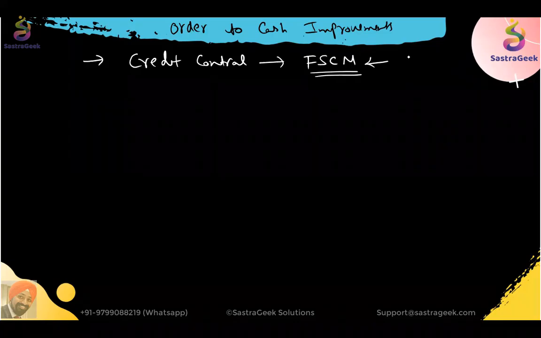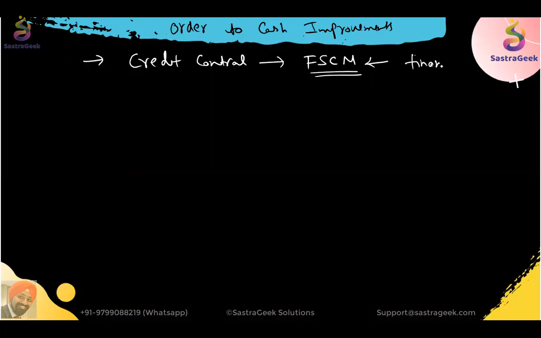Although it goes into the finance bucket, there would be integration between FI and SD for this. Earlier we were able to do credit management, rather than control, from the SD part. Now that is not available and we need to use the FSCM part of it.